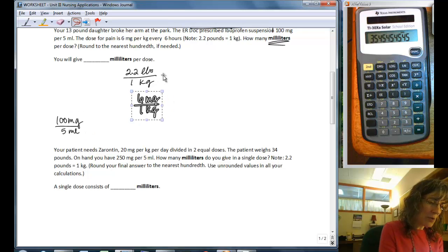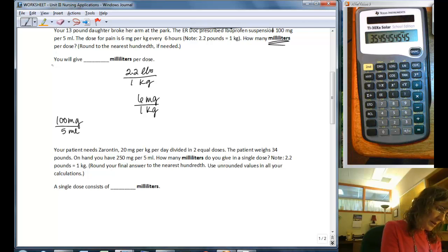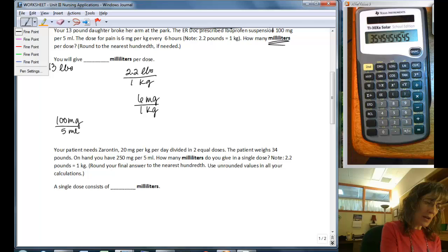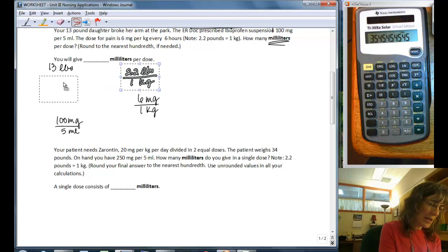And then, let's see, we'll start with the 13 pounds. And so since I have a person that's 13 pounds, I'm looking for something that's going to go from pounds to anything else. In this case, I have one that goes from pounds to kilograms. So I'm going to use that one.